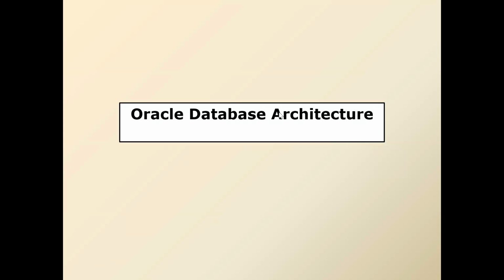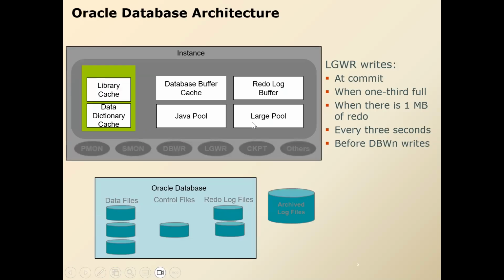So Oracle database architecture looks like this. It is divided into two parts: the instance and the Oracle database files. The instance is again divided into two parts: memory components and background processes. Your memory components include library cache, data dictionary cache, database buffer cache, Java pool, redo log buffer, and large pool, to name a few.